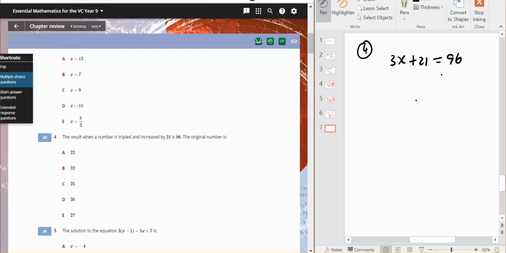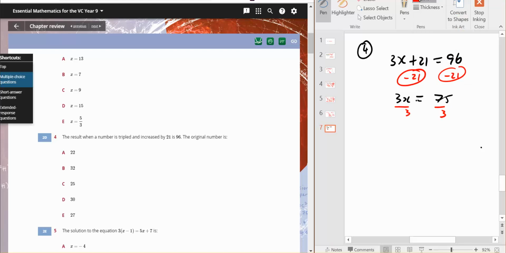So how I solve this is I subtract 21 from both sides. Remember, always get the first step right, because that's really important. 3x equals, okay, so if I subtract 20 from 96, I get 76. 76 subtract 1 would be 75, okay? Now I divide both sides by 3.